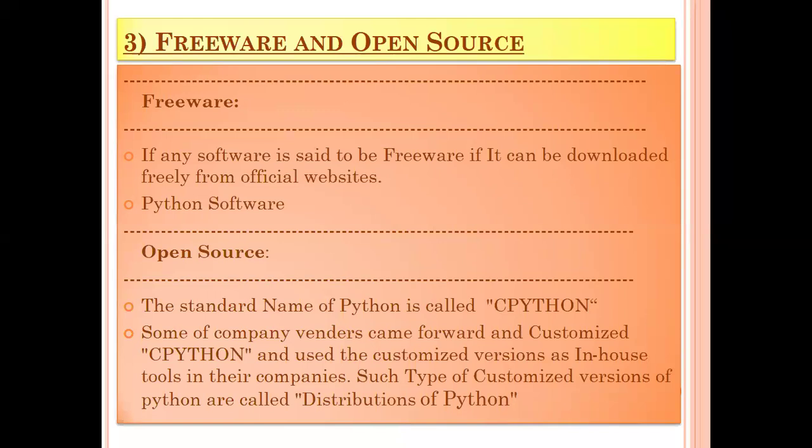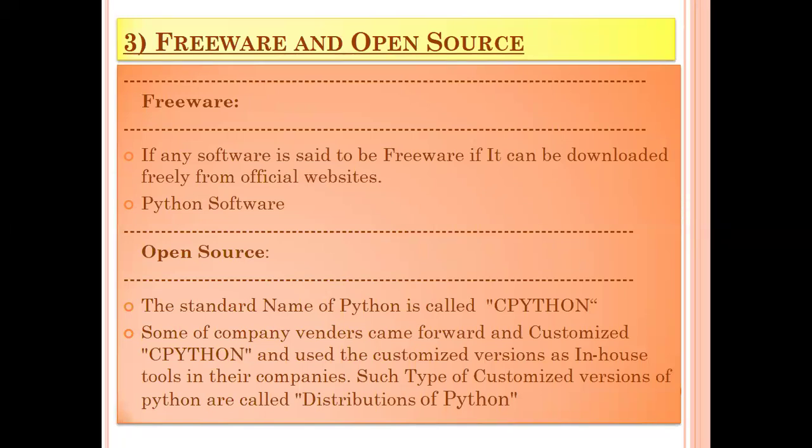Open source. Why is it known as open source? The standard name of Python is called CPython. Students, you need to remember this because internally, whatever file is stored, like if we are storing a web or any type of application, we need to store it with the .py extension.